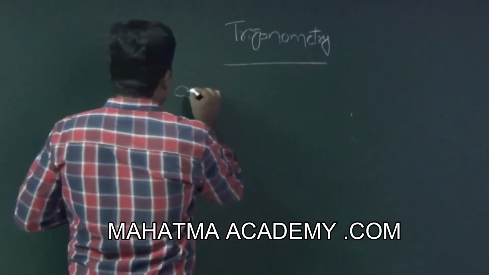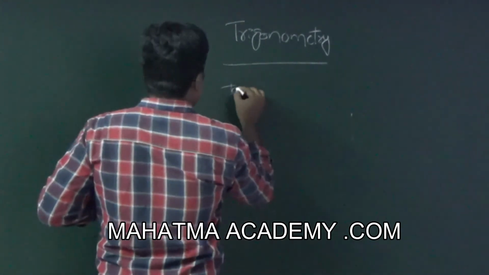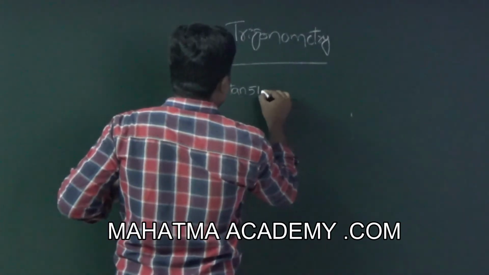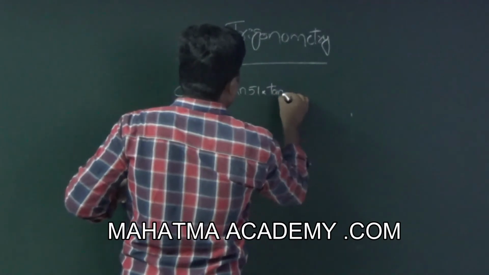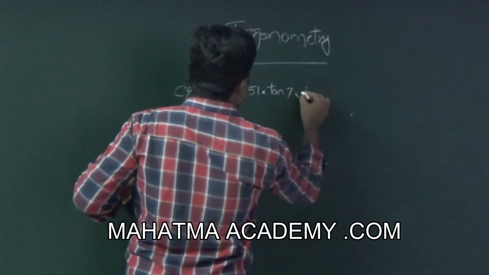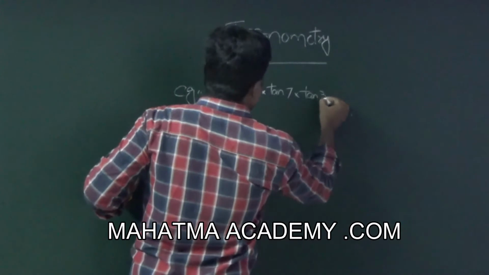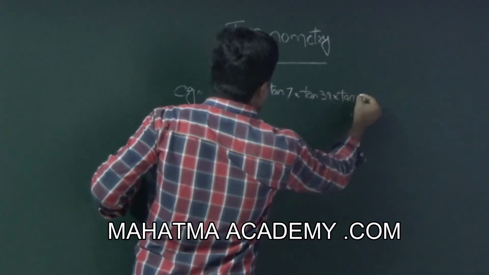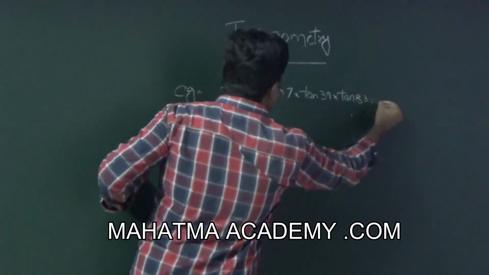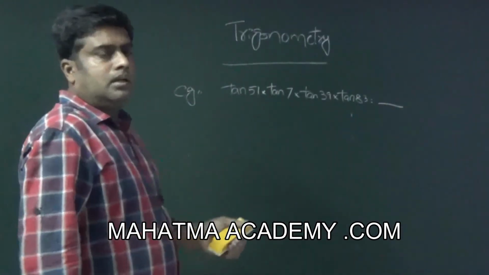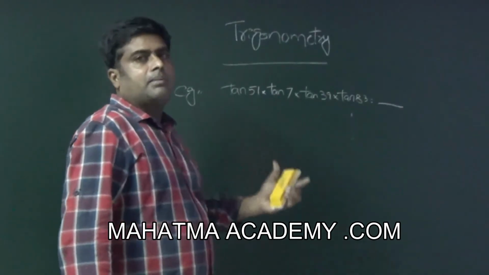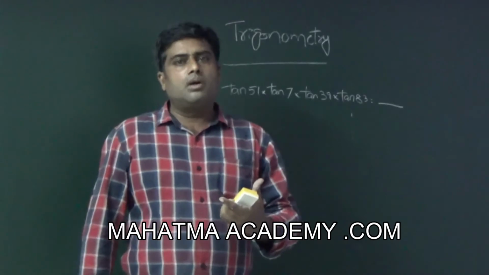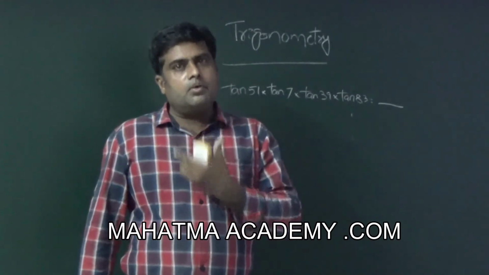Example: tan 51 into tan 7 into tan 39 into tan 83 equal to dash. We have already derived one formula: if A plus B equal to 90, tan A, tan B equal to 1 or cot A, cot B equal to 1.